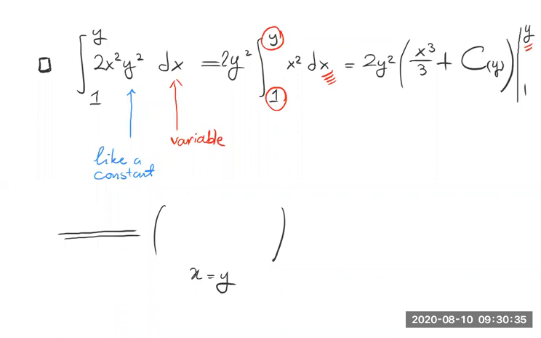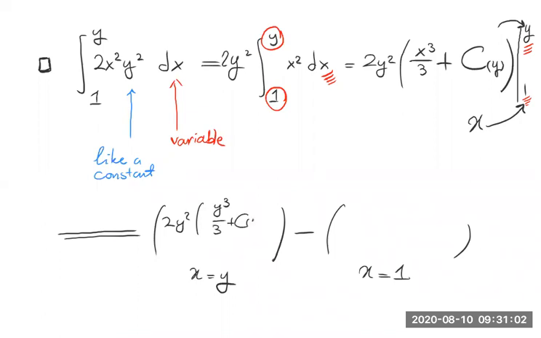So the numbers here mean we should plug these numbers into the variable x. First I should let x be y, then I should let x be 1, and then I should subtract them. So first I would get 2y squared times y cubed over 3 plus cy, minus, now I should let x be 1, so it would be 2y squared times 1 over 3 plus cy.